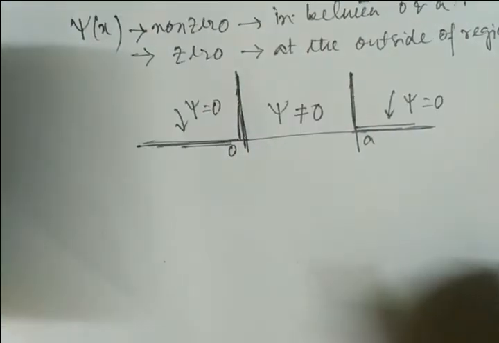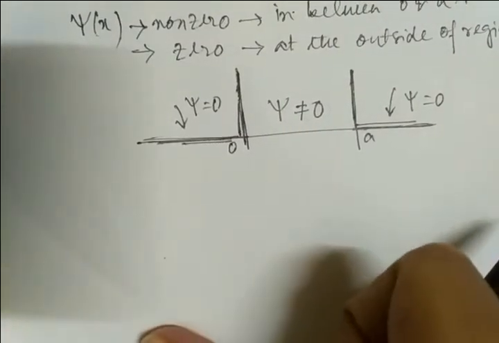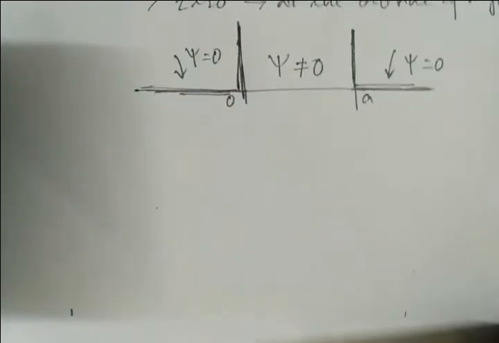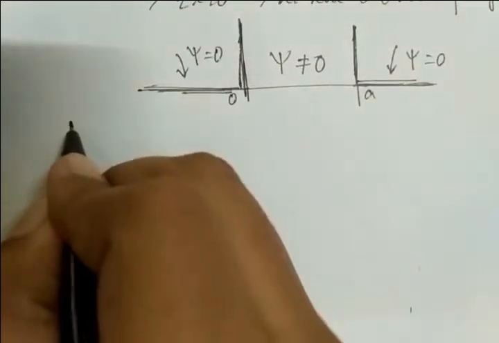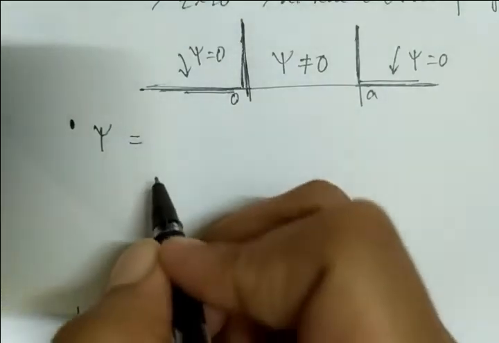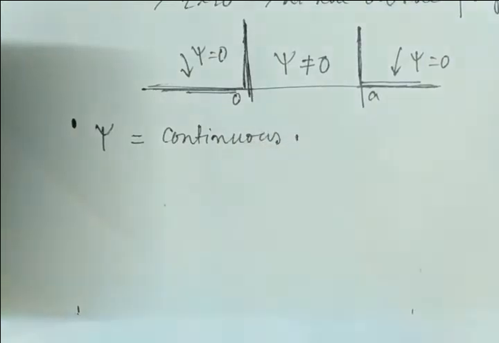So from that concept, in my previous lecture PDF, I have already mentioned, and you all know this, the most important point: psi is continuous in nature. Yes, it is continuous in nature.